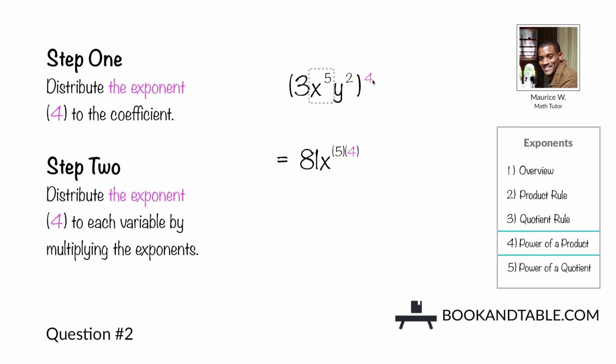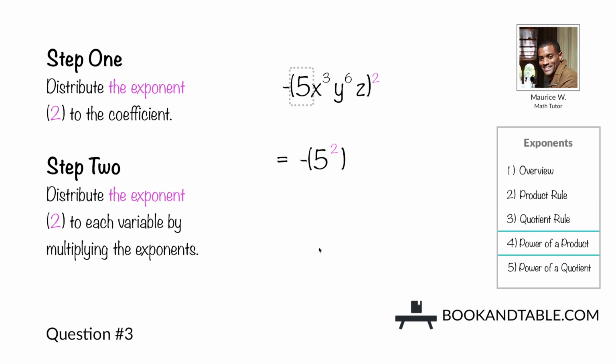So we distribute the 4 to our x term, and that gives us x to a power of 5 times 4, which equals 20. And we distribute the 4 to our y term, and we get y to a power of 2 times 4, which is equal to 8. So the answer to question number 2 is 81, x to the 20th, y to the 8th.